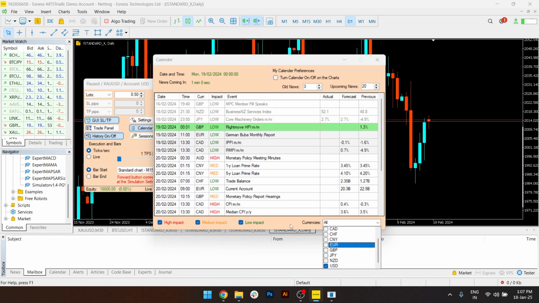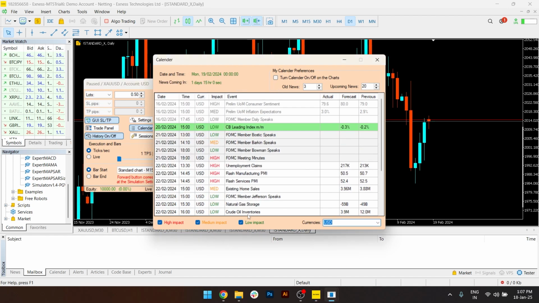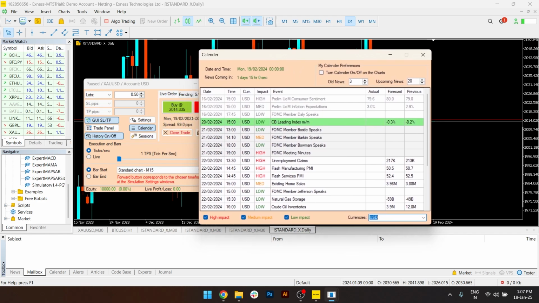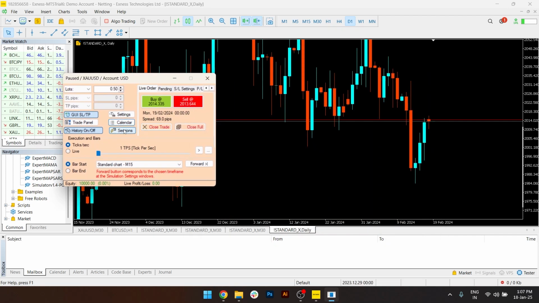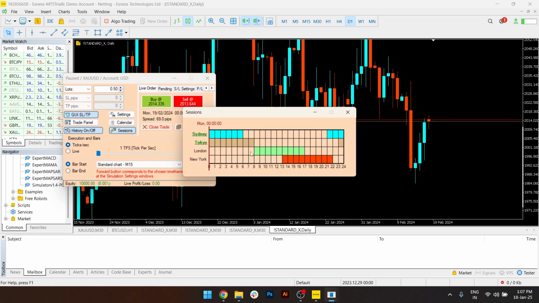I am only interested in seeing if there are any major events, like high impact news, coming to the US dollar. Today is 19th of Feb, and I don't think we have any major news coming up. As for session, I'll trade pre-London to London Open and the London session.